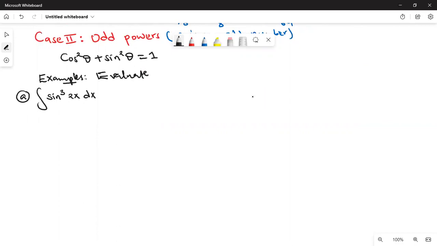So the first thing here, you break down this sine cubed. Remember, sine cubed, you take note that sine raised to 3 of 2x can be written as sine of 2x times sine squared of 2x.